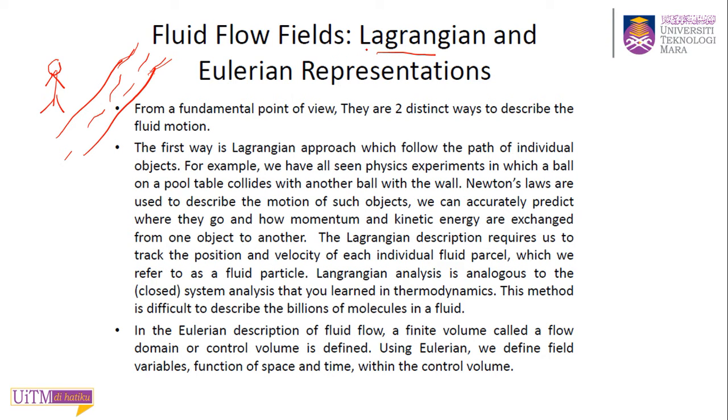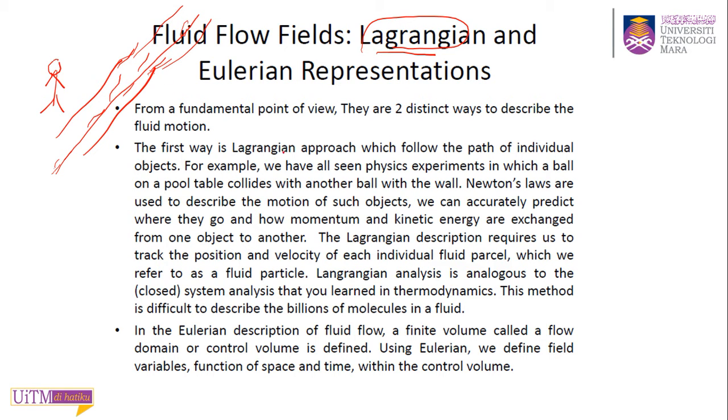Whenever he wants to use the Lagrangian method, he will put a probe, an instrument, along the river. He will float the probe and measure all the way until the end of the river, and this probe will record the velocity of the fluid along the river.